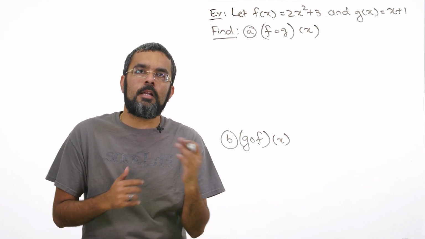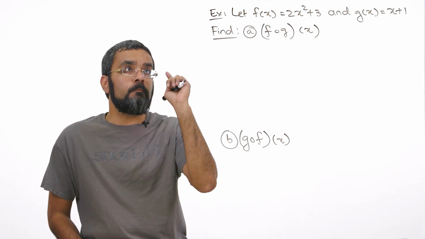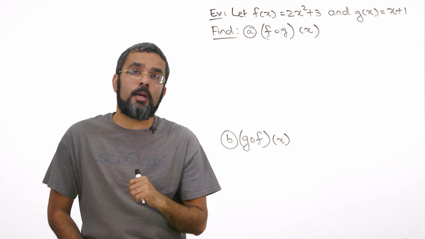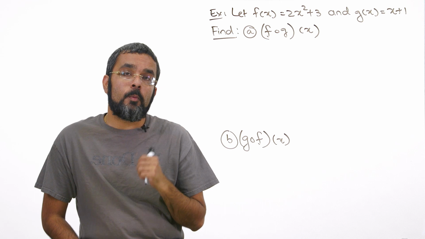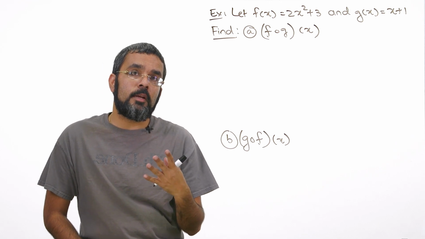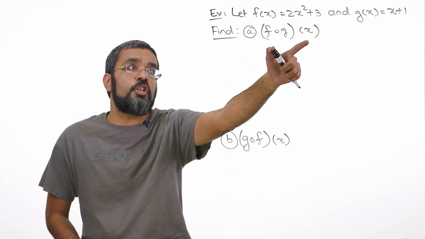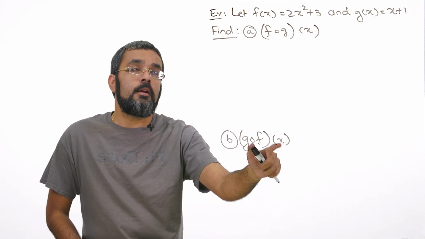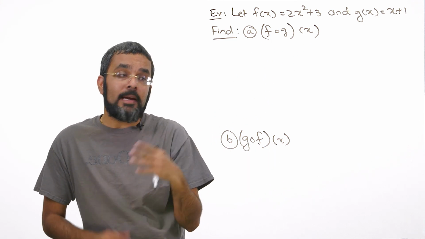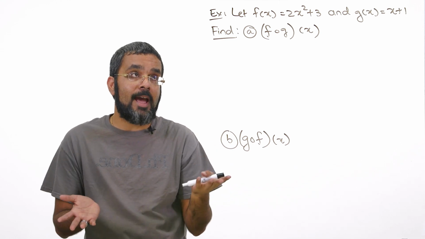All right, so let's take a look at this example. We have f(x) equals 2x squared plus 3, and g(x) equals x plus 1. What we want to do is find two different combinations. One is (f∘g)(x), and the second one is (g∘f)(x). Remember, they're not the same thing. They might end up being the same thing, but it doesn't have to be.